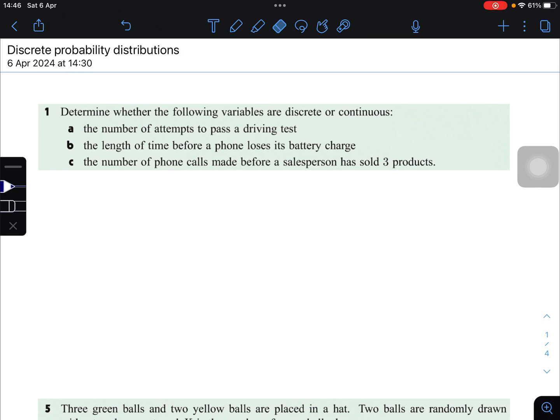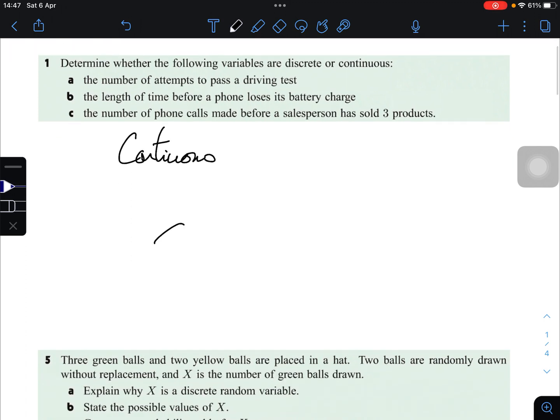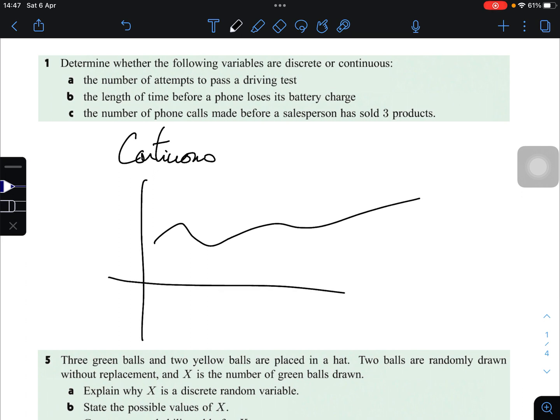Basically, continuous means you're looking at something like a line graph, and x can take any value on that range. So for instance, x could take 0.1, it could take 2, it could take 3.4. Basically, it can take anything.